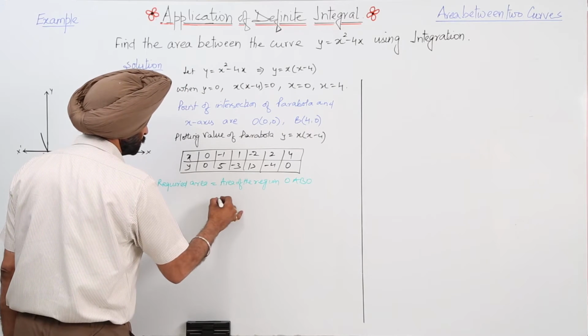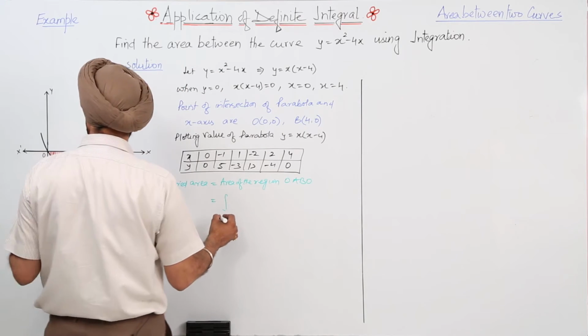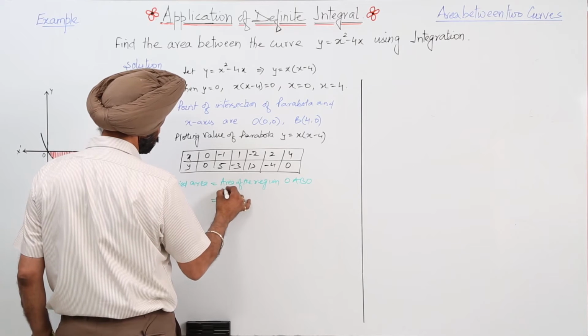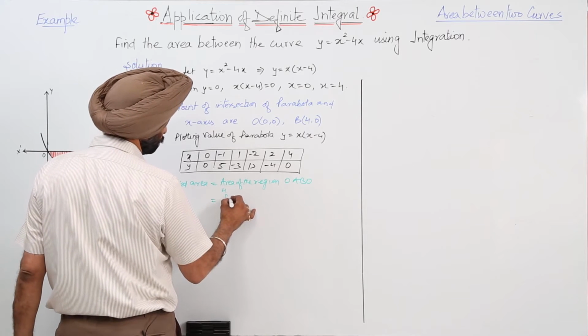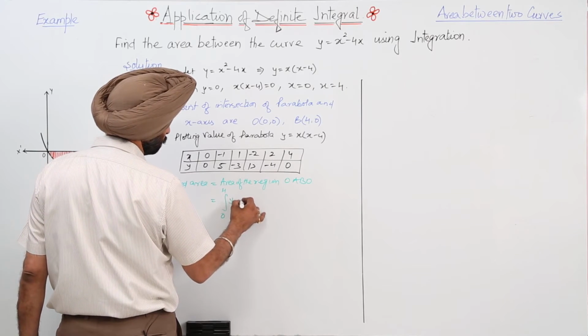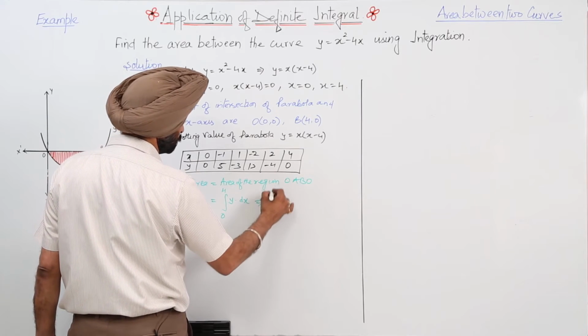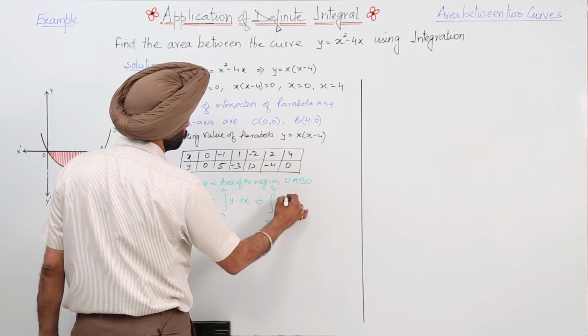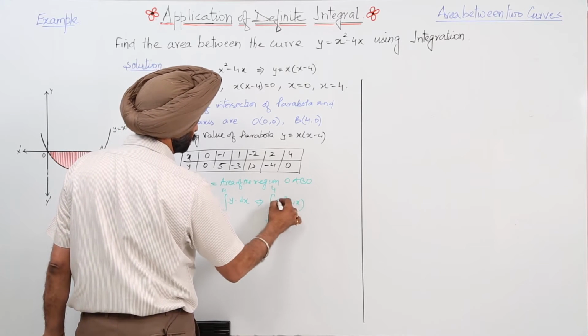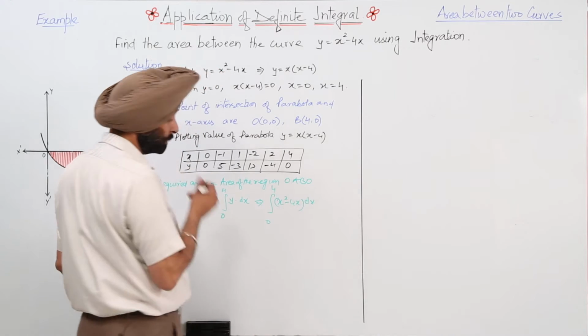Now the required area is equal to the integral from 0 to 4 of y dx. Now this implies the integral from 0 to 4 of x square minus 4x with dx.